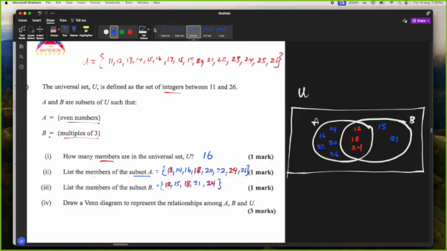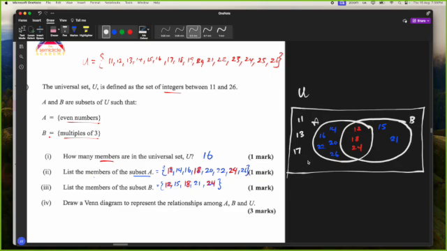But remember, we have all of the other numbers that are not in A or B. So that would be 11, 13, 14 is in the even numbers, 15 is a multiple of 3, 16, 17.